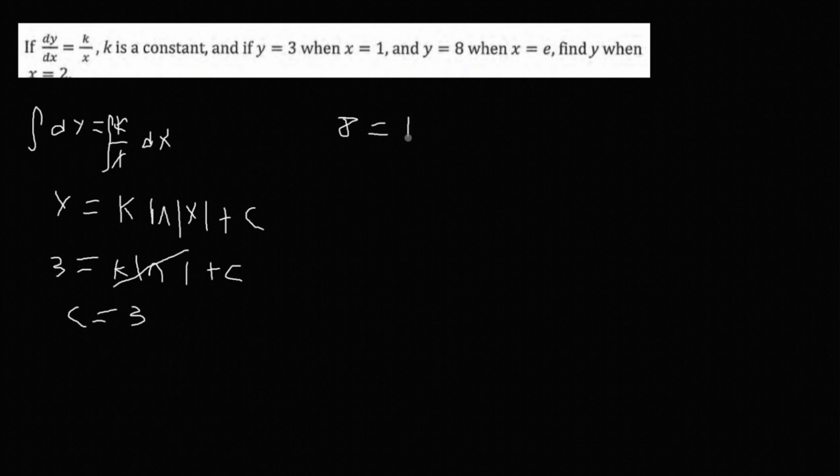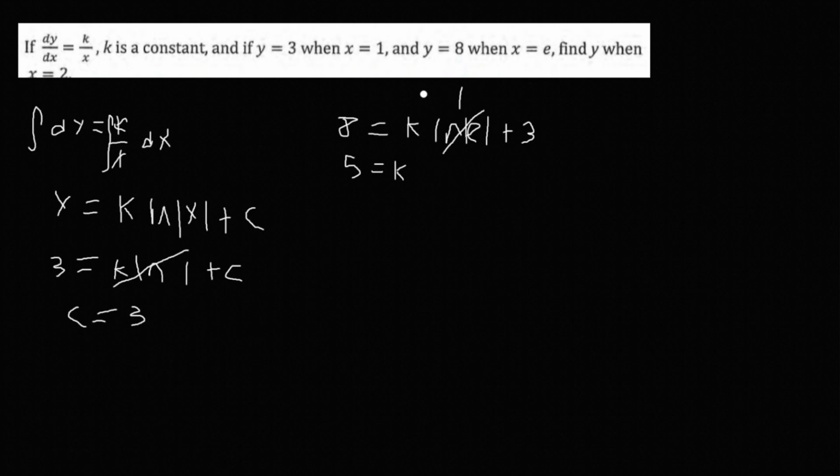So 8 is equal to k ln e plus c, which is 3. Well, ln e is equal to 1. So that's just 1. And if we solve for k here, this is just subtract 3 from both sides. So 8 minus 3 is 5, and k is equal to 5.